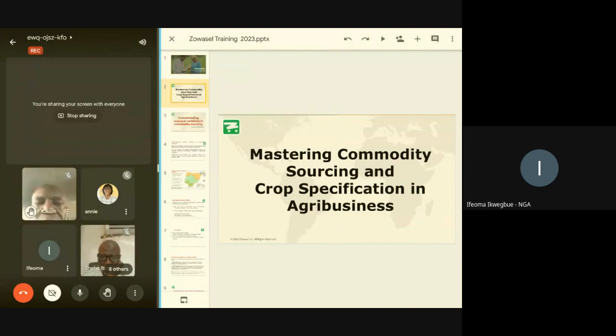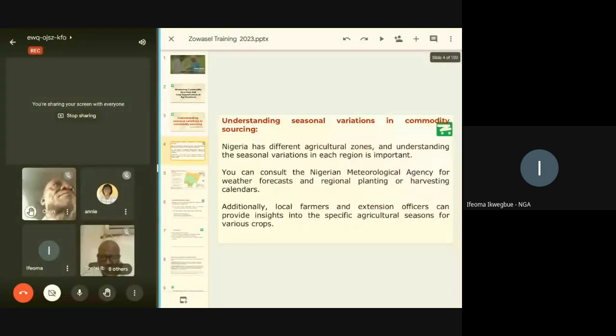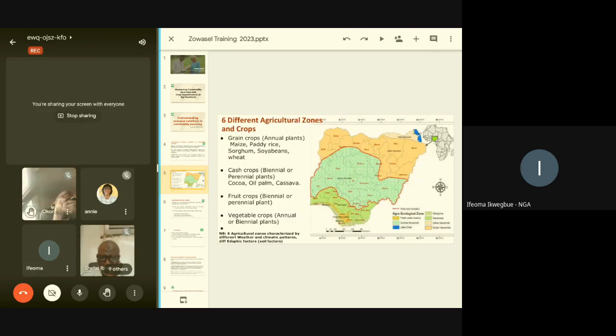All right, thank you. So, understanding seasonal variations in commodity sourcing. It is quite expedient for us to know that Nigeria has different agricultural zones, and it's important for us to understand the seasonal variations in each region. We are blessed as a country with about six agricultural zones, which are the savannas.